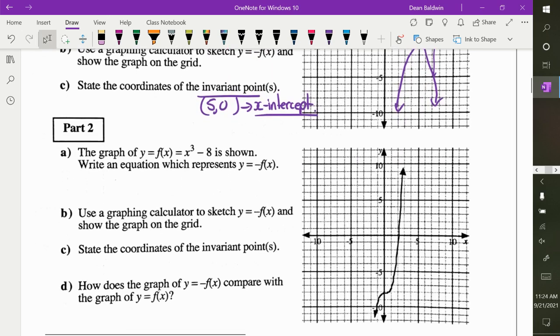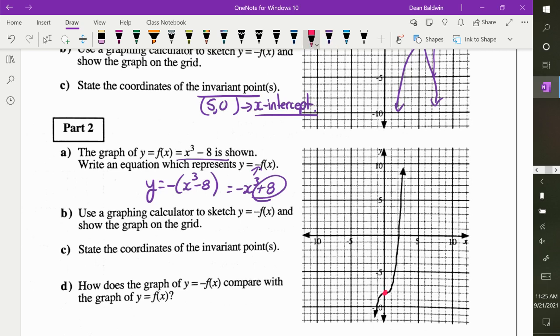All right, so we're moving on to x cubed minus 8. I'm going to put a negative in front of it. So the equation is going to be negative (x cubed minus 8). If I multiply that negative in, what do I get? Negative x cubed plus 8. What does that plus 8 represent? The y-intercept, exactly. So the original had a y-intercept of negative 8.